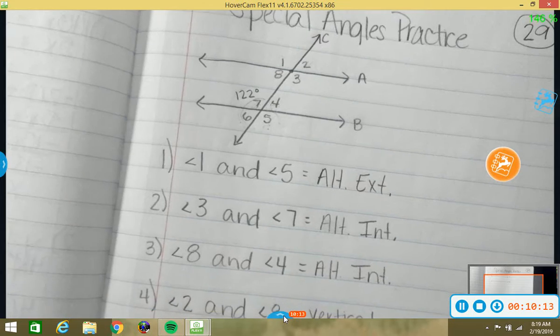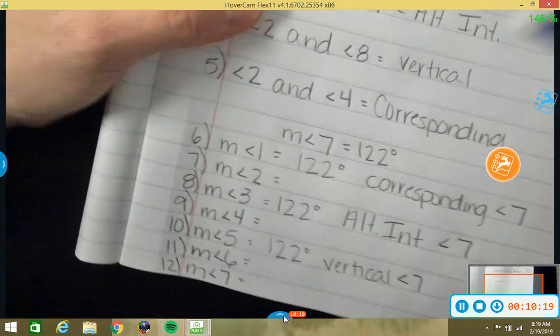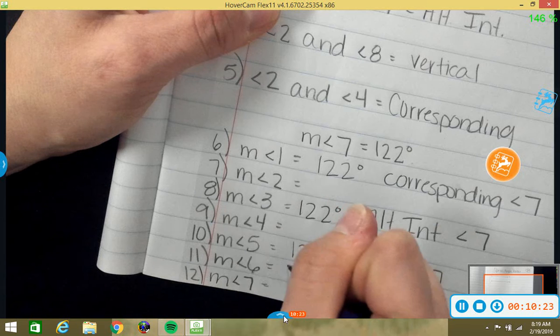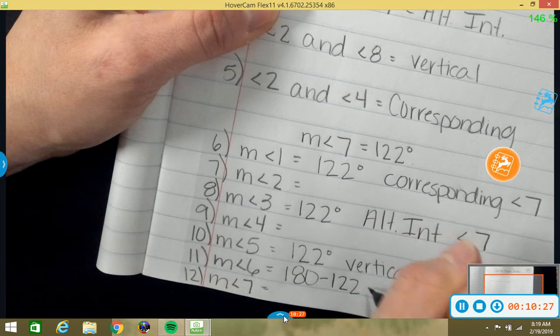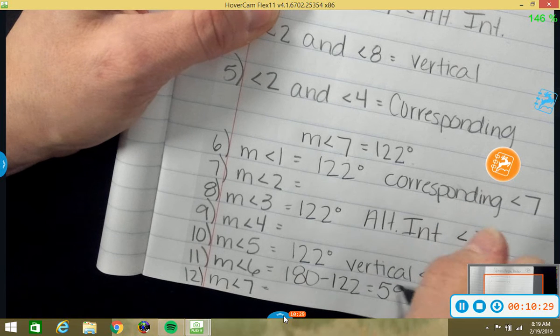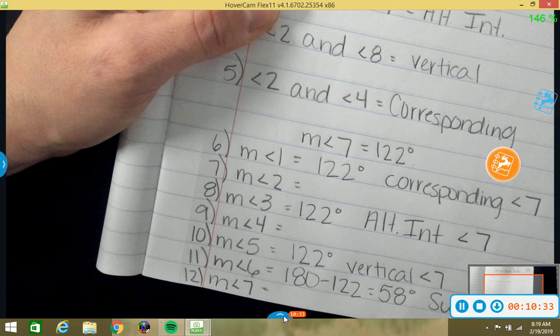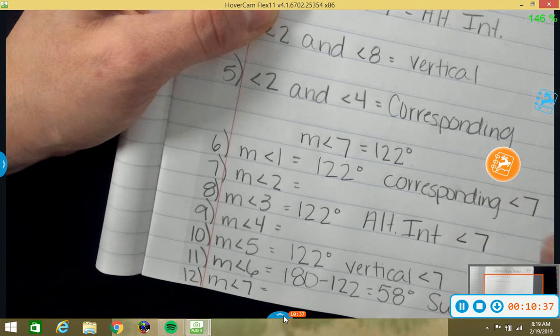So angle 6 we're saying is, what are we saying it is? 58. So you did 180 minus 122 and got 58 degrees. So that means that it's supplementary with angle 6.